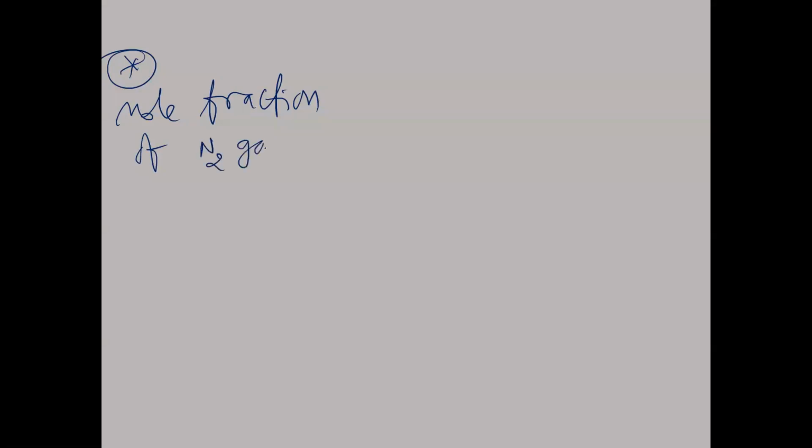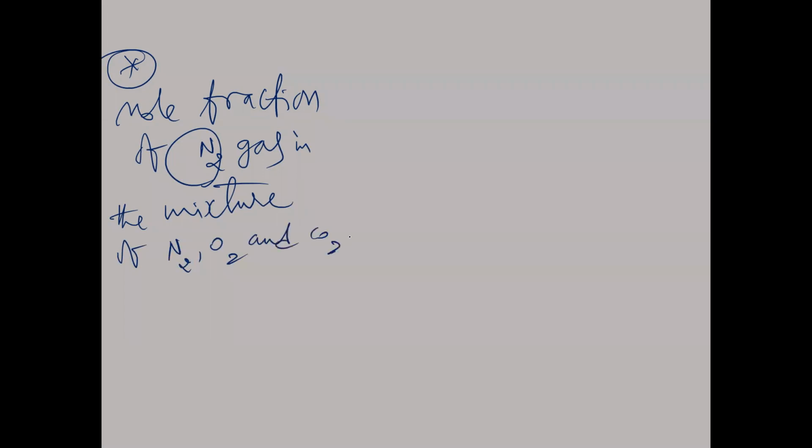So now the first application is mole fraction of nitrogen gas, suppose, in the mixture of nitrogen, oxygen, and CO2. So in the mixture of these three gases, we are taking what now?